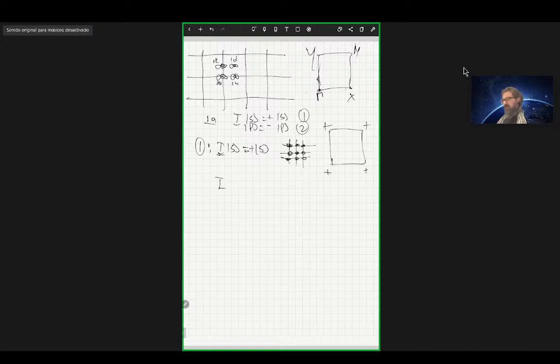The same thing with the second atomic limit from 1a, which is a p orbital. Again, this is a system with p orbitals all over the lattice, okay?